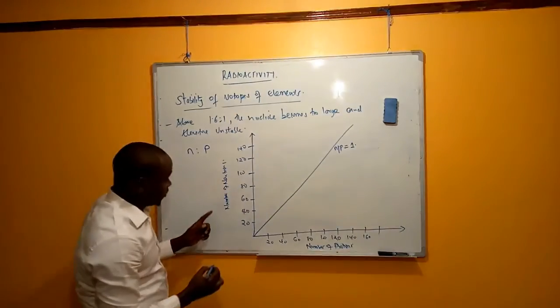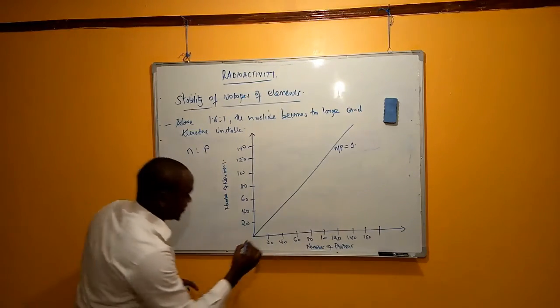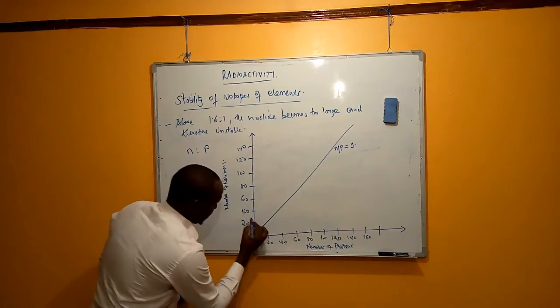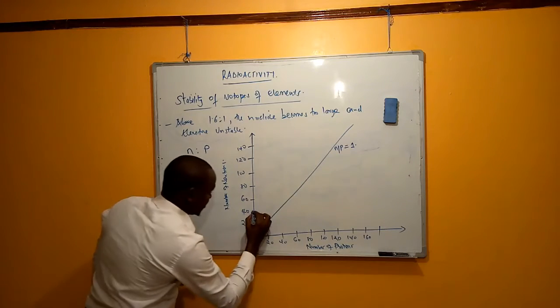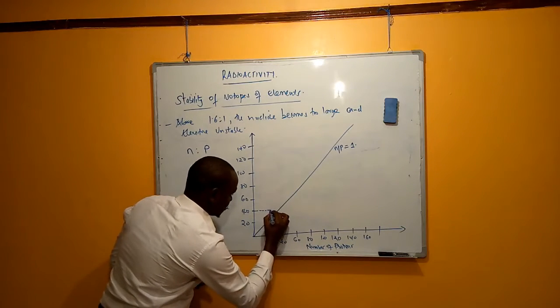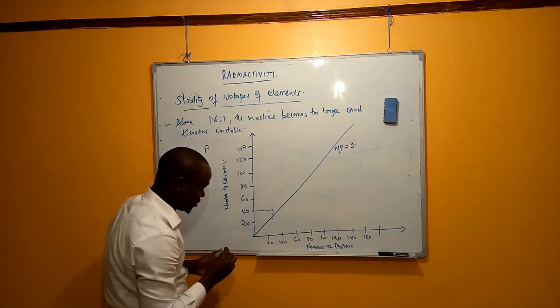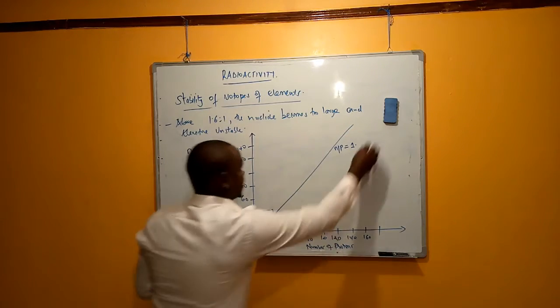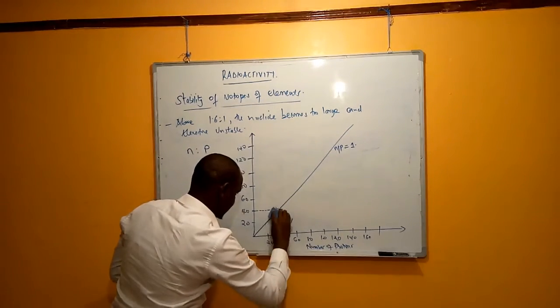So we've looked at calcium with 40 neutrons, and it is at atomic number 20.